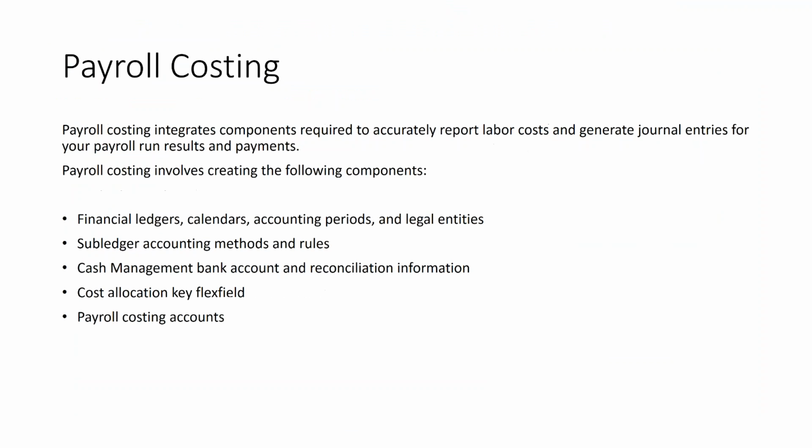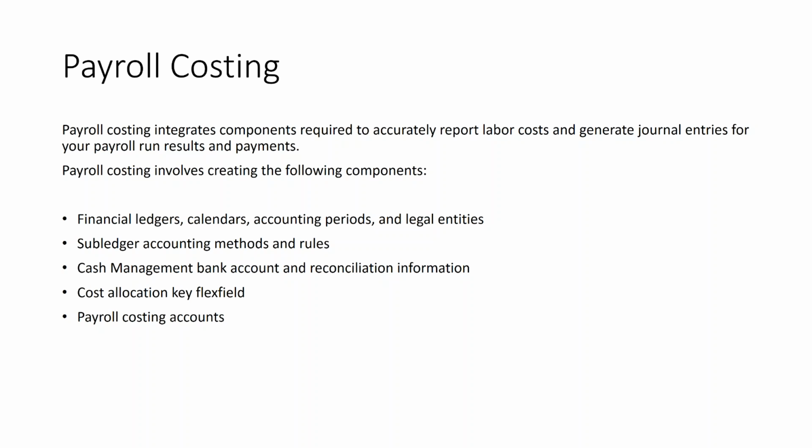Now, after the payroll balances, the next important piece of information is payroll costing. Payroll costing is the functionality of payroll which integrates the payroll results with the finance. Payroll costing can happen at various levels.